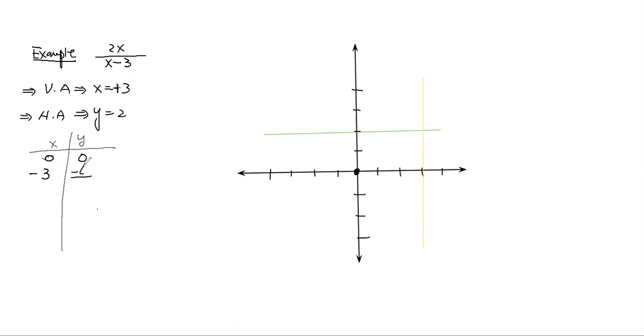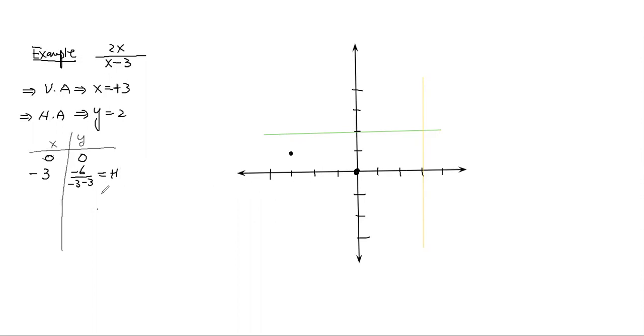So this is negative 6 over negative 3 minus 3, so negative 6 over negative 6, which is 1. So the point is (-3, 1), and it goes up.